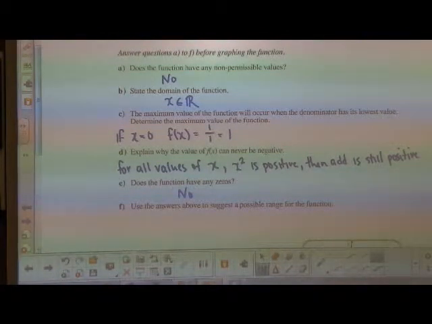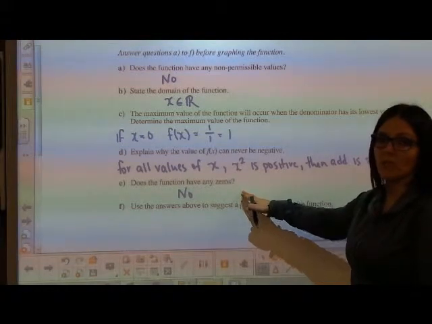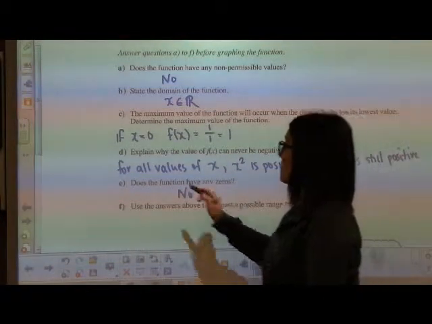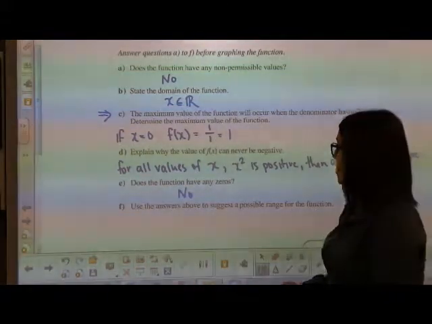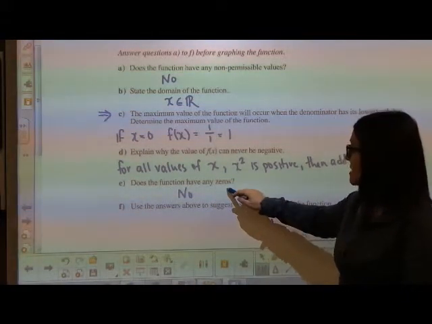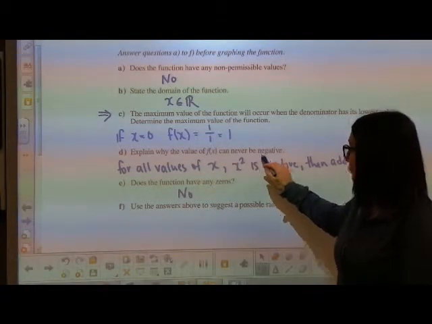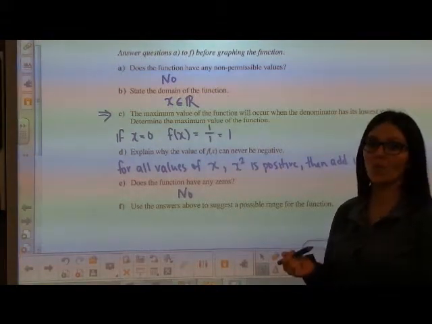So question F says, use the above answers to suggest a possible range for the function. I can't get any zeros, which means y can never be equal to 0, but y could possibly be anything else except that right here I have a maximum value. So y can never be 0, y can never be negative, but the maximum that y is going to be is 1.